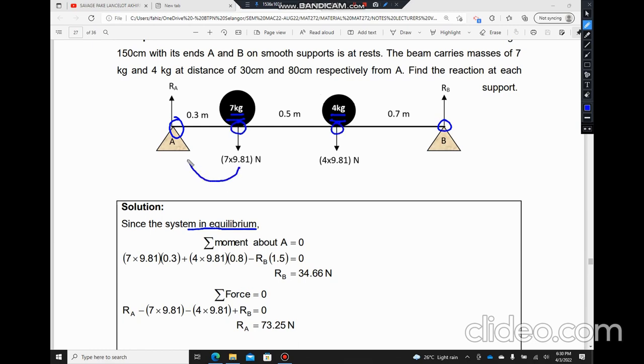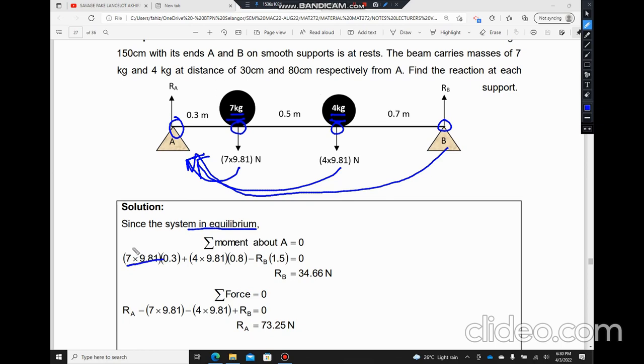First untuk 7 kg, then 4 kg, and then last one for RB. So yang ni yang berada pada R untuk A. Okay, so dekat sini first 7 multiply by 9.81.